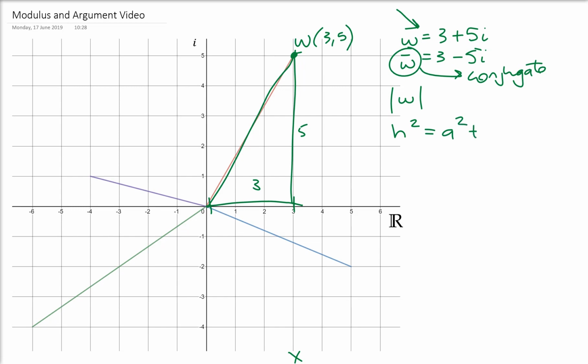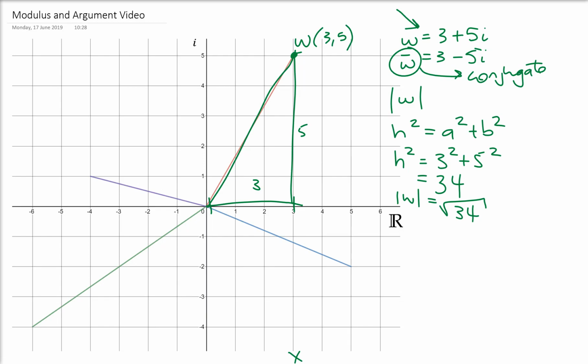So h squared is 3 squared plus 5 squared, which is 9 plus 25, which is 34. Can that be simplified? Not easily. So the modulus of W, therefore, is the square root of 34. That's the length of that complex number.